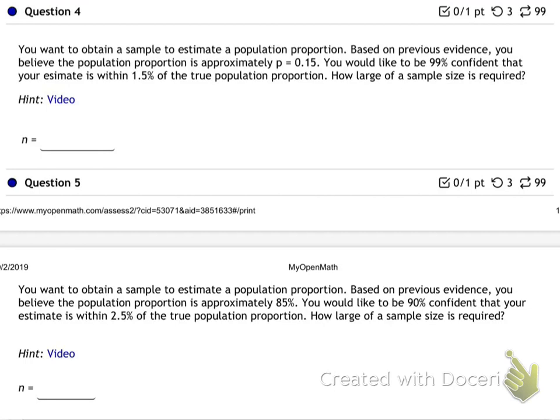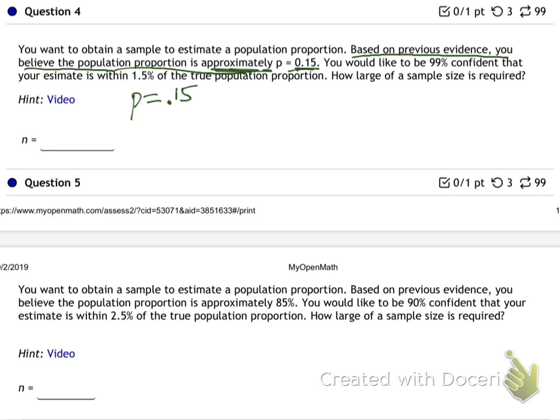Okay, so let's try number 4. You want to obtain a sample estimate, blah, blah, blah, sounds the same. Here's an N. But notice this time, and this is what you've got to pick up on the exam. It says, based on previous evidence, you believe the population proportion is approximately 0.15. So they're giving me a P this time, instead of saying we have no idea.